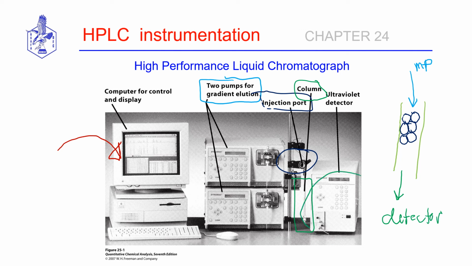In this case, this is an ultraviolet visible absorption detector, just like we learned in our coverage of spectroscopy. So this is a general layout in your mind of the components in an HPLC instrument. Now we're going to come back and look at some of the specific choices we might make with regard to all of these components.